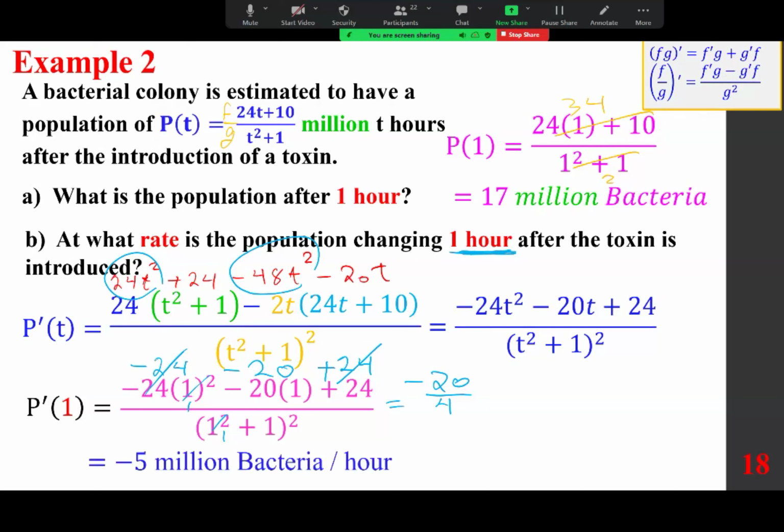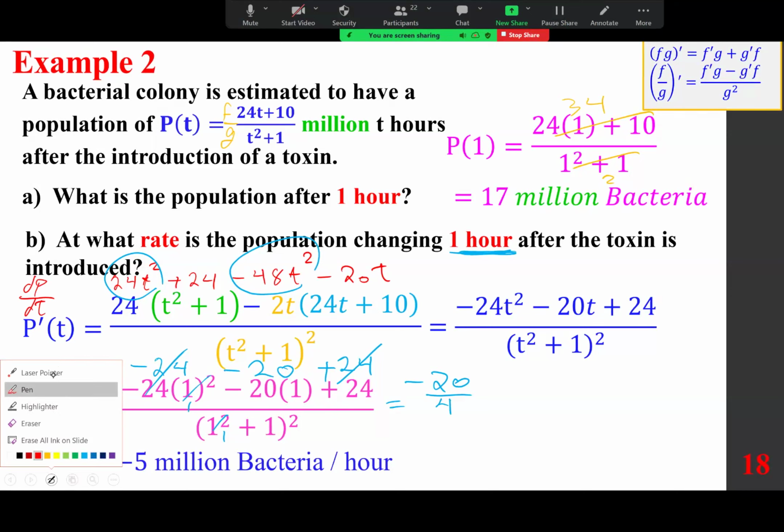We get minus 5 million bacteria per hour, because P prime of t means dP dt. When we write it in Leibniz's notation, we can see the units: dP, change in population, millions of bacteria, over change in time in hours.